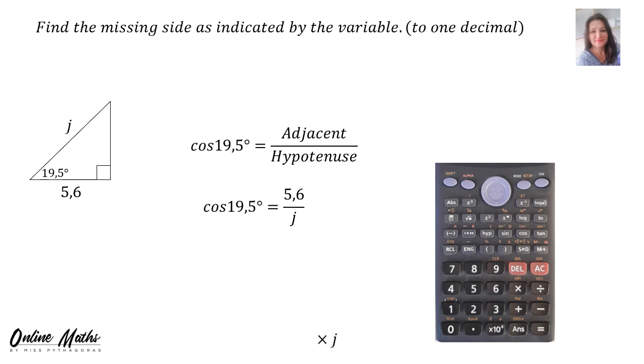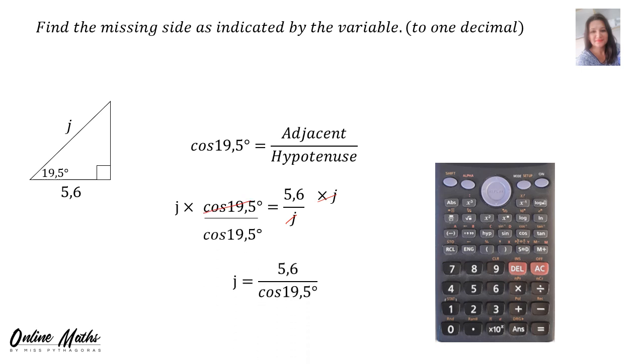That's a problem. So we will multiply both sides by j, and here j and j will cancel. So on the left hand side, I'm left with j times cos 19,5. So I want to get rid of the cos 19,5, and therefore I will divide it away on both sides.